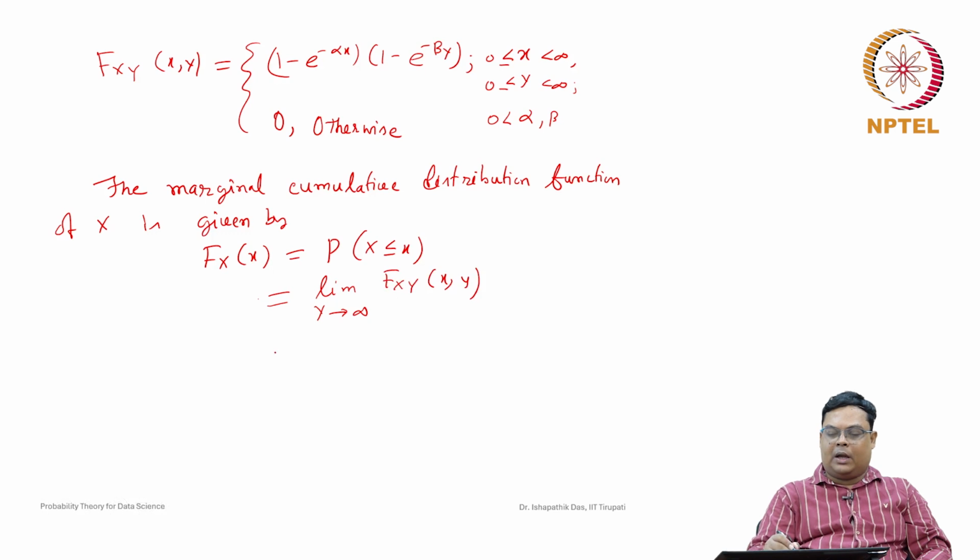Now if you take the limit as y goes to infinity, it is very straightforward: e to the power of minus beta y, with beta a positive number, as y goes to infinity becomes 0.